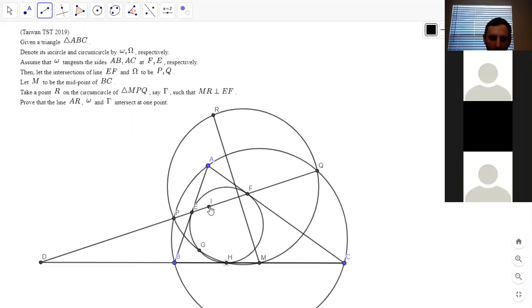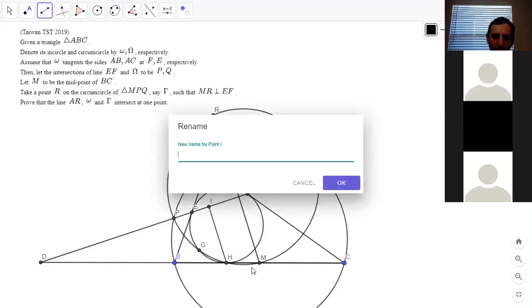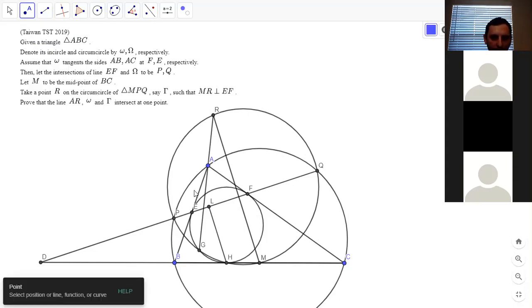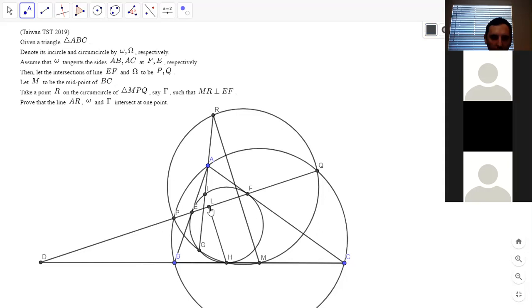Now, instead of I, let me call it L. I wonder if HL and I are collinear. I think so.